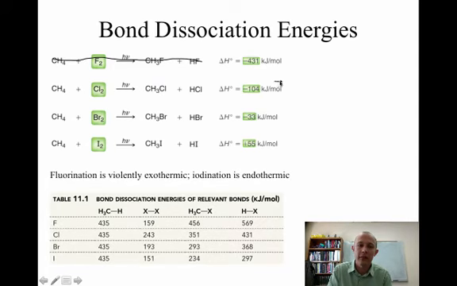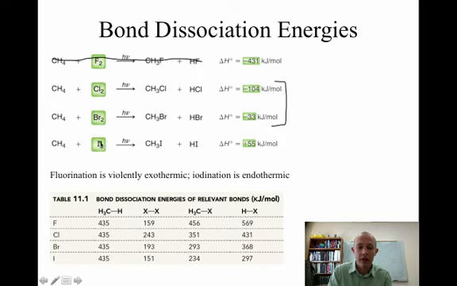We're going to focus for the most part on chlorination and bromination. These are also exothermic reactions, and that's mostly a result of the fact that we're breaking weak chlorine-chlorine bonds or weak bromine-bromine bonds. For example, breaking a chlorine-chlorine bond requires 243 kilojoules of energy, but you release way more energy upon forming an HCl bond.